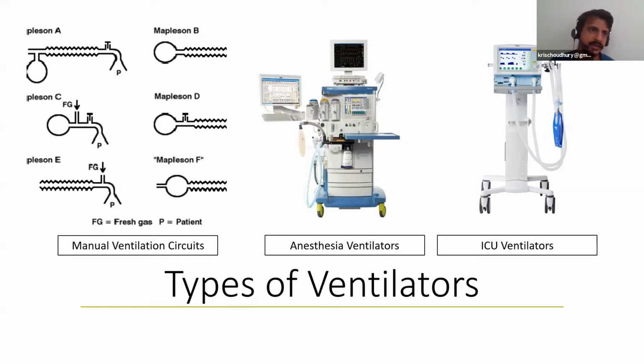As the word says, the anesthesia ventilators will be used on patients who are completely in coma or undergoing surgery, and they have no breath of their own at all, and they have all pressure monitoring, volume monitoring, and all the other essential monitoring systems that an OT needs to have.